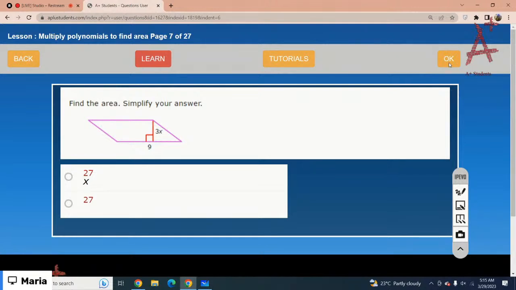So the correct option is 12x. Got it? Wait, 9 times 3 is 27, not 12x, 27x it is.